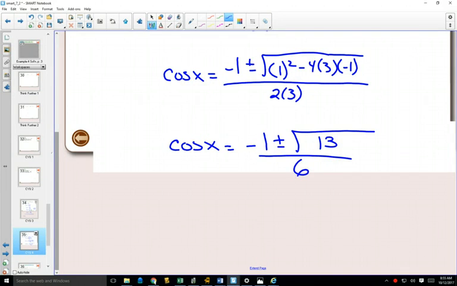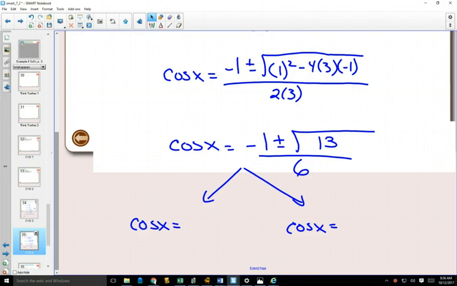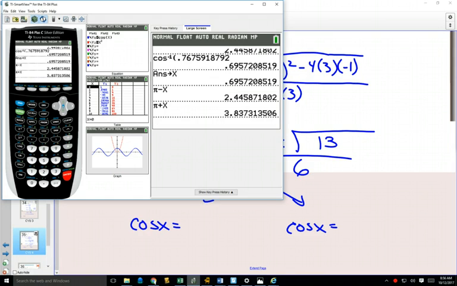Now there's going to be 2 equations that get made from this. One equation is when we use the plus sign. One equation is when we use the negative sign. So to figure out what those values are, we're going to go to our calculator.